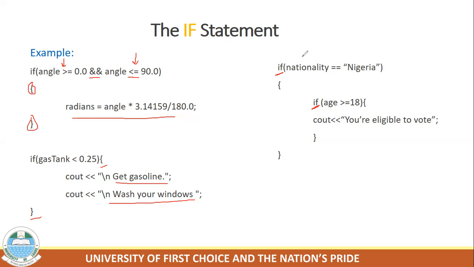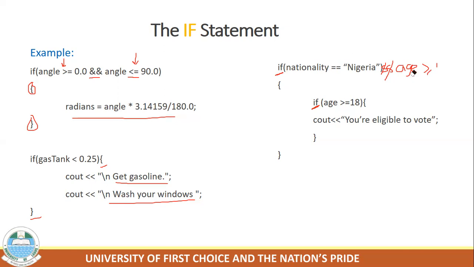I can tweak this and just write: if my nationality is equal to Nigeria and my age, I would have declared a variable called age and assigned it a value, or asked the user for a value, is greater. Now, this is mathematical. So if you want to write it in C++, how do you do it?